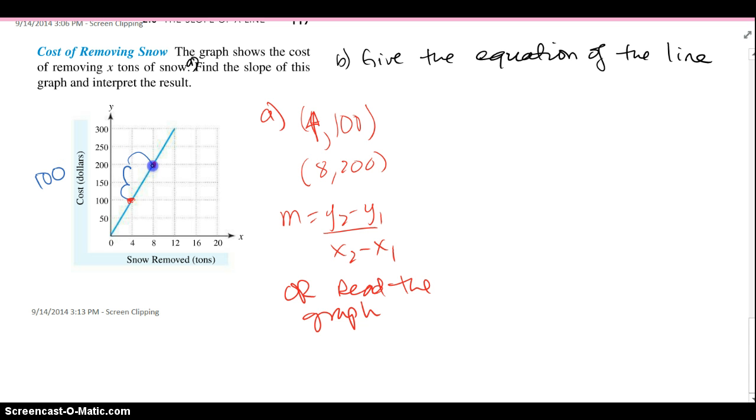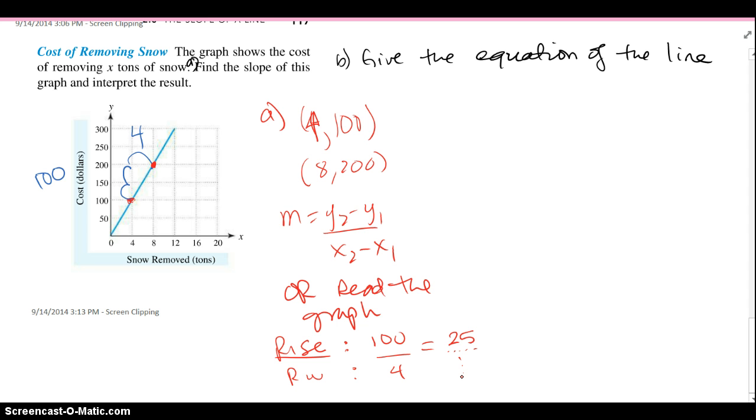And then I'm going to go over not 1 step, but look at your labeling of the x-axis, 4 steps. So my rise was basically 100, and my run is basically 4. So I had 100 over 4, which is really 25 over 1, if I go ahead and simplify it.